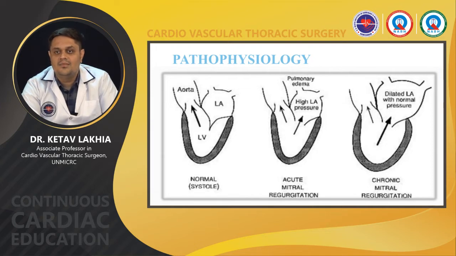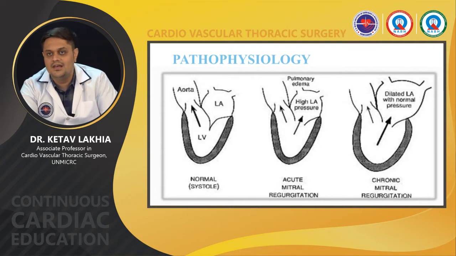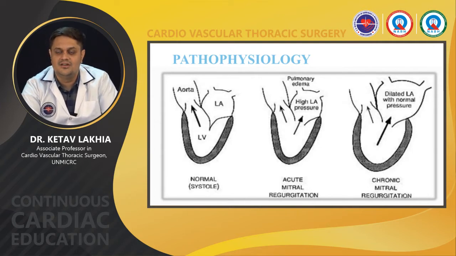In chronic mitral regurgitation, in the chronic compensated phase, there is no sudden overload, there is gradual volume overload which leads to dilatation of the LA with normal pressure initially. In this stage, the patient may be asymptomatic or may have some features like fatigue, but the EF is usually increased, more than 60%.